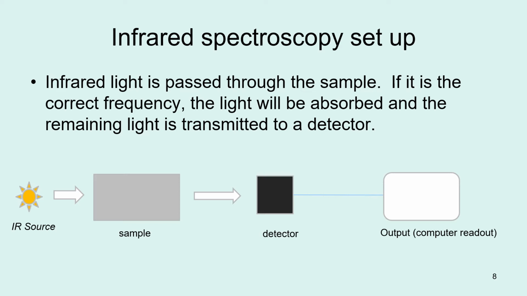So if a lot gets transmitted through, that means not very much was absorbed. If a lot was absorbed, then not much gets transmitted through. We'll see that on the second slide. Then it's detected, and there's some kind of output where it's recorded, and you can get a computer readout or a picture, which we'll look at in a second.